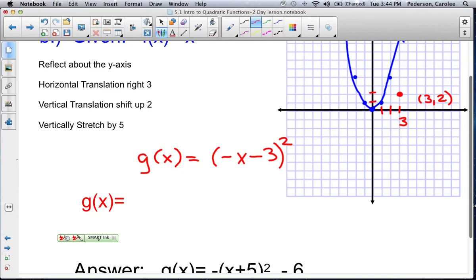And then the translations up and down occur at the end of the function, since it's a plus 2 at the end. Our last thing is a vertical stretch by 5. Where vertical stretches happen is in front of the function. So that's going to go in front of the function, in front of that parentheses.